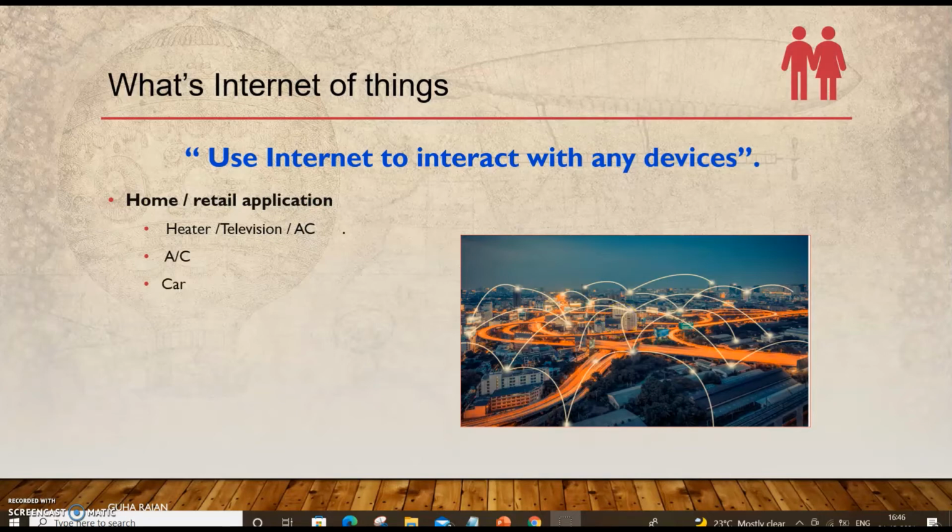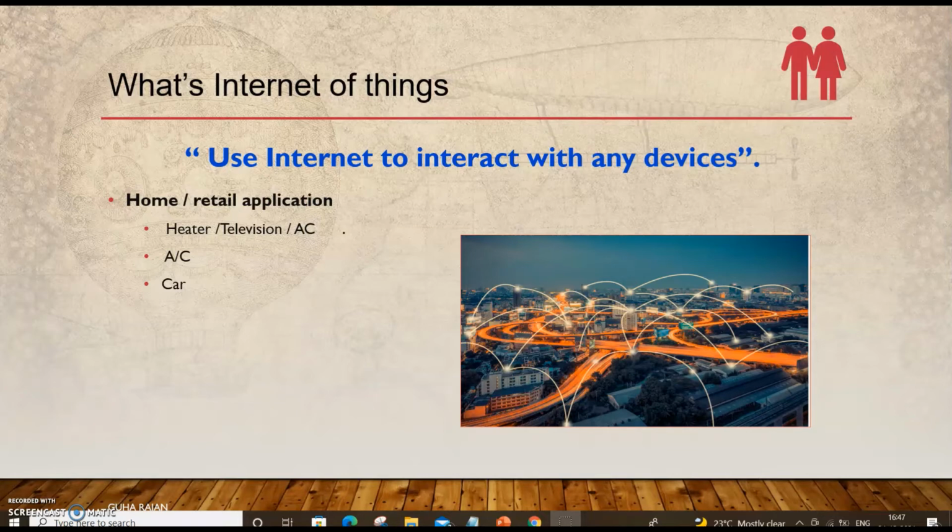Also, in recent times you hear about cars. Self-driven or driverless cars are common these days. They are building them, and that is where the technology of machine learning is used in autonomous cars.